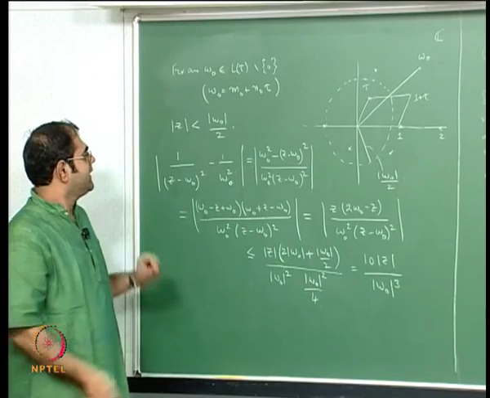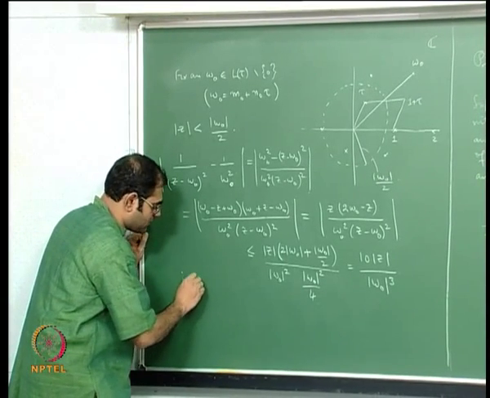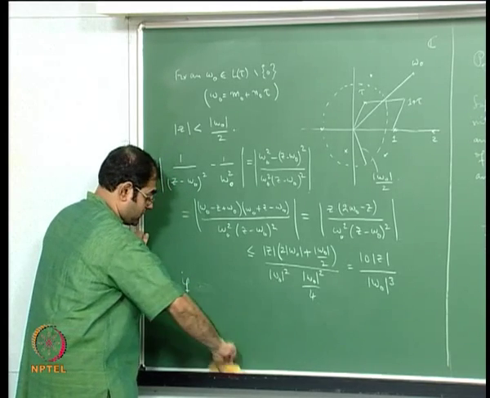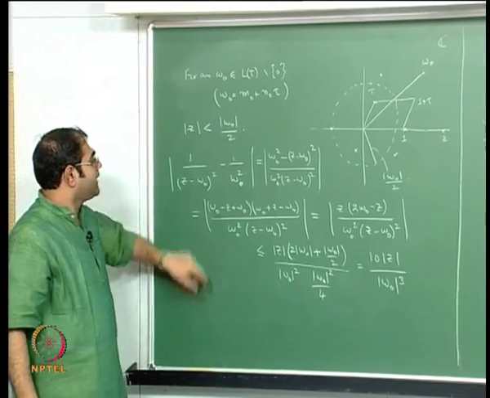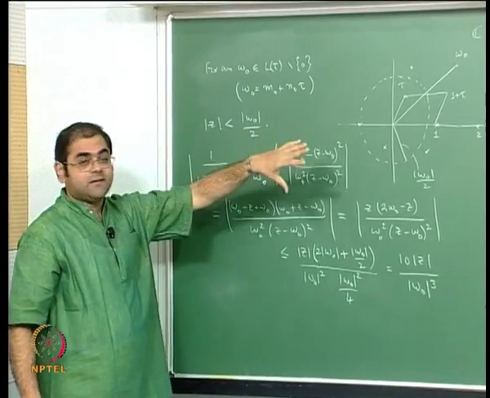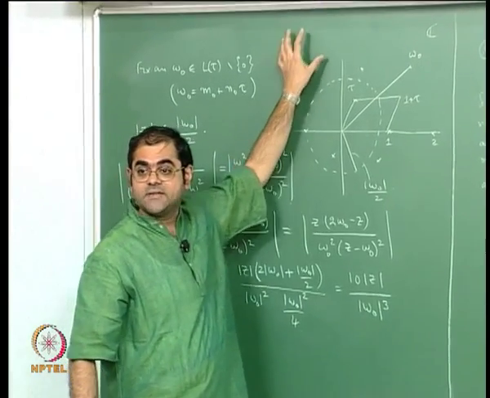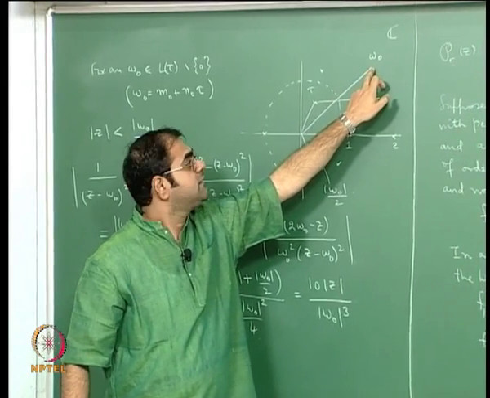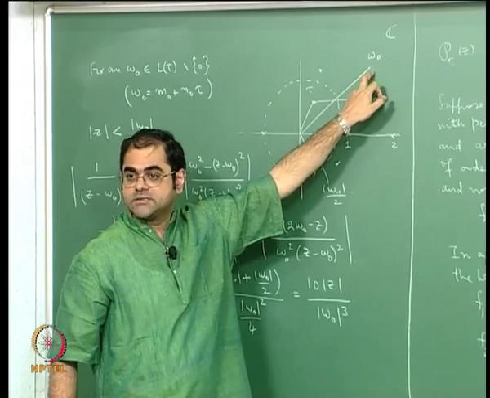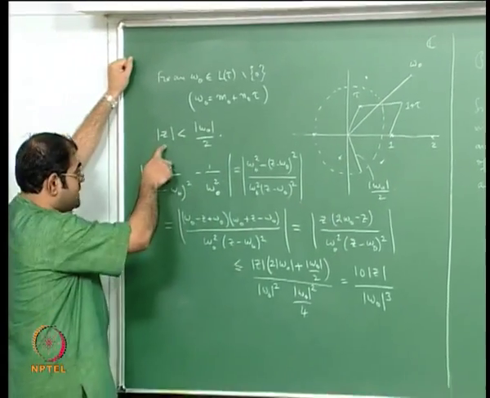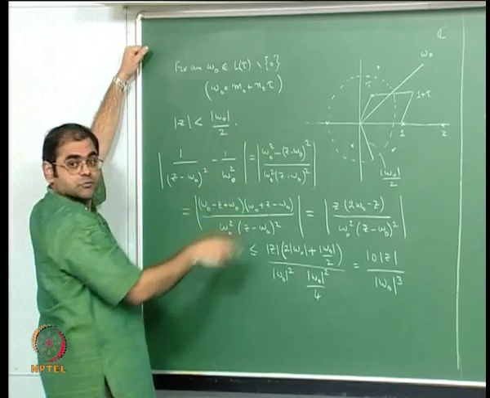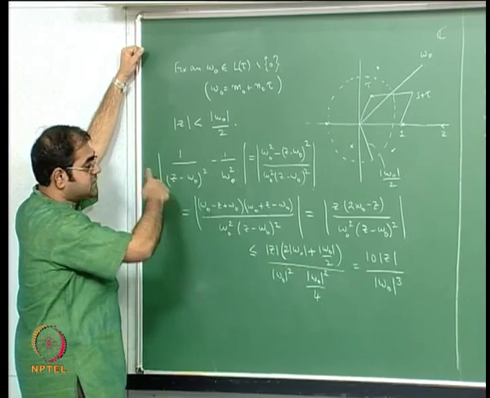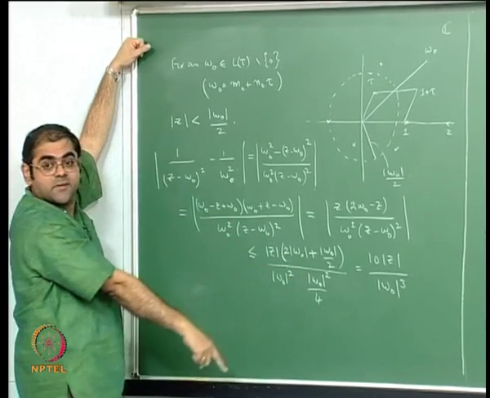Now what I want you to notice is this: if you take any points of the lattice which are outside the circle centered at the origin with radius mod omega naught, then it is also true that mod z is less than mod omega by 2, and all this estimation will hold with omega naught replaced by omega.